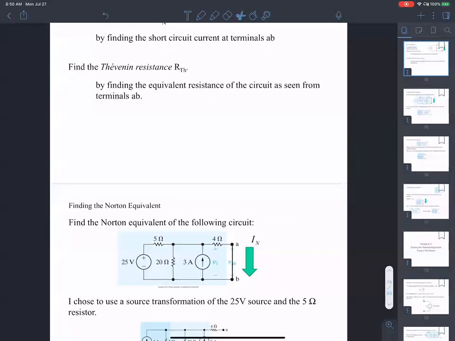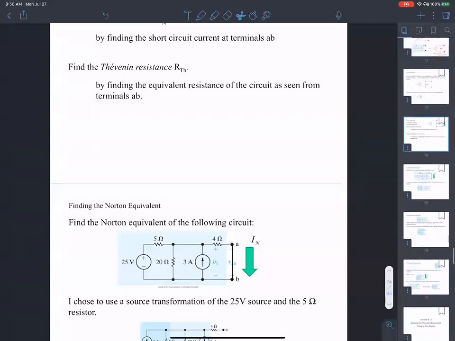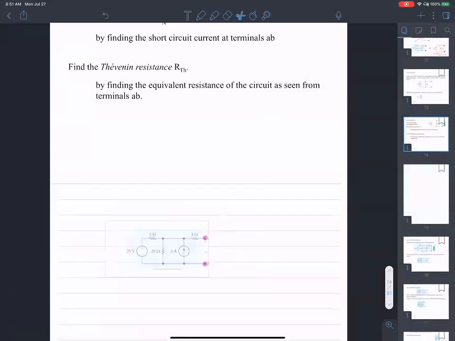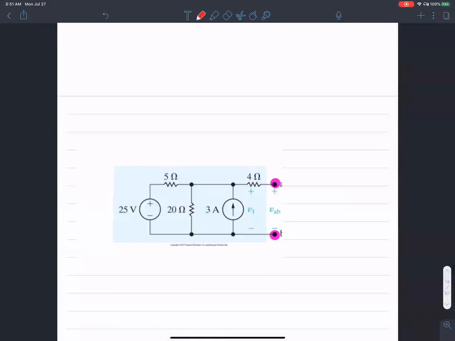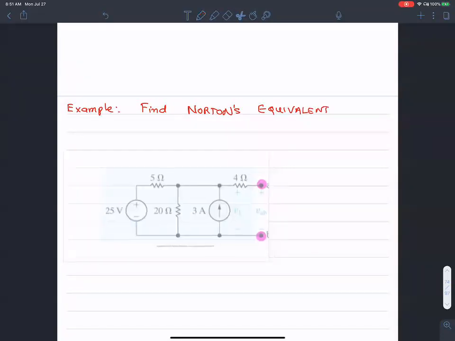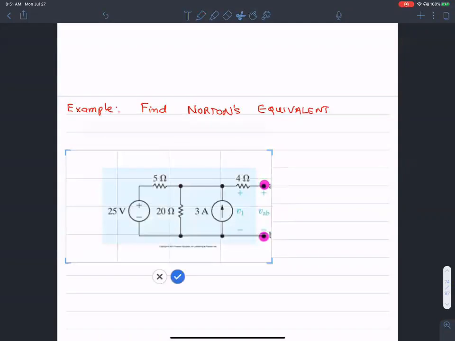Let me add a page here and say, this is an example problem: find Norton's equivalent of the circuit. That's the idea.